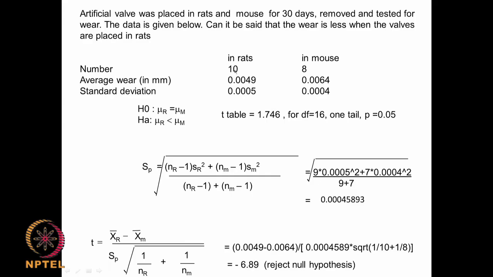For example, if you are talking about 10 rats, I will have all the 10 wear values, no, 0.0045, 0.0048 like that, and if I have 8 mouse, I will have all the 8 wear values, whereas here the average and standard deviation of this 10 data set is given. That means somebody has already done that calculation and given you. So the Excel or GraphPad will not be able to handle this type of data, so you need to use these equations.